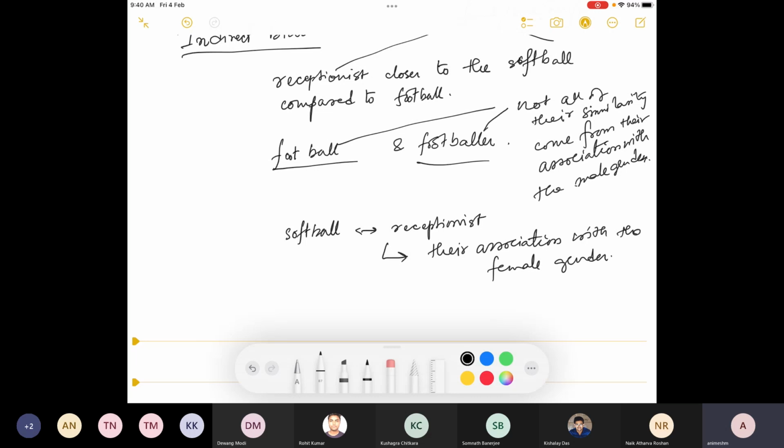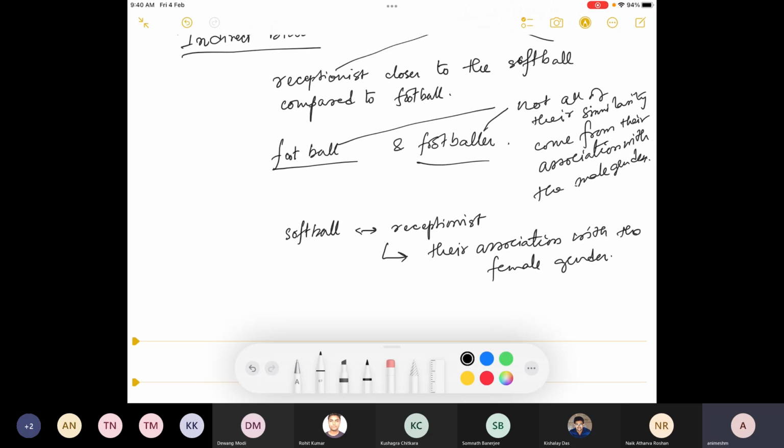Okay. So the idea is as follows. If I remove the gendered components from softball and receptionist, is there any similarity that is residual? If there is nothing left, then the entire similarity comes from their female association. If still something is left, then probably it is for some other reason.